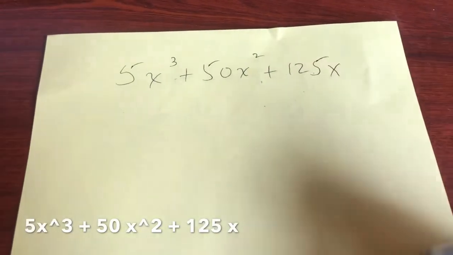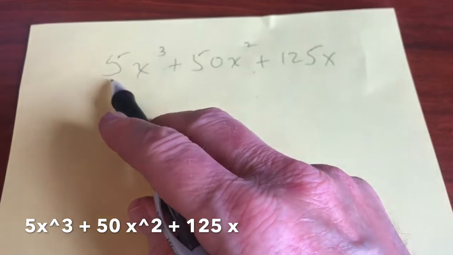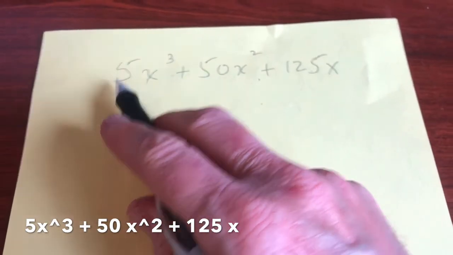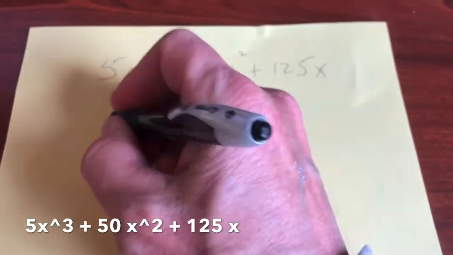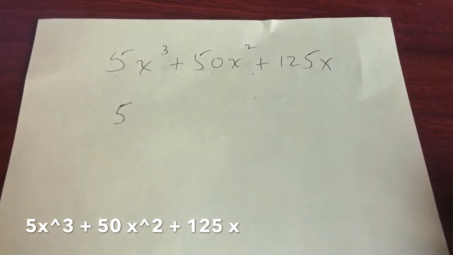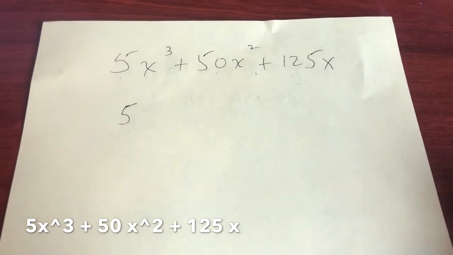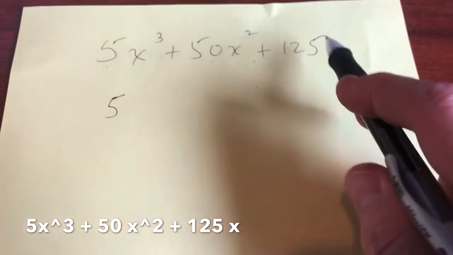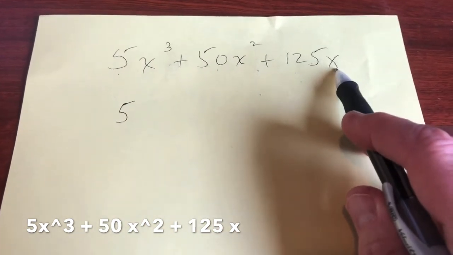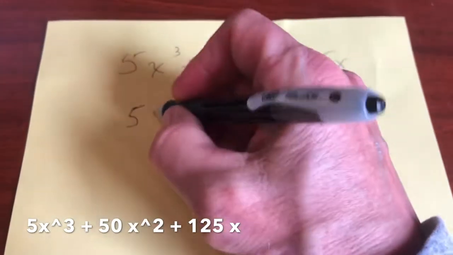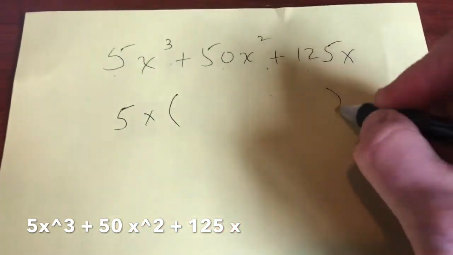Okay, next one we're going to work on slightly different. You can see there's a factor of 5 in each of these 3 coefficients. So we're going to single out the monomial like we did yesterday. There's an x, and the lowest x, exponent-wise, is the one that's x to the first. So we start with that.